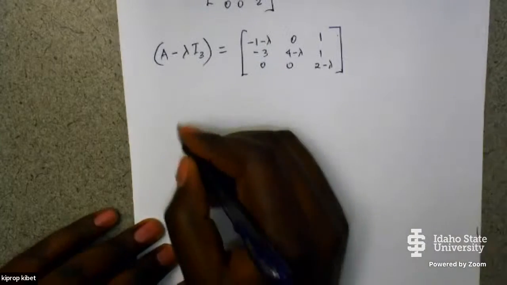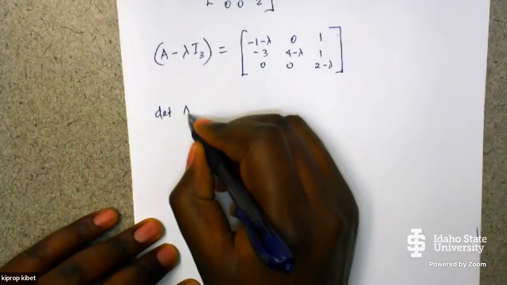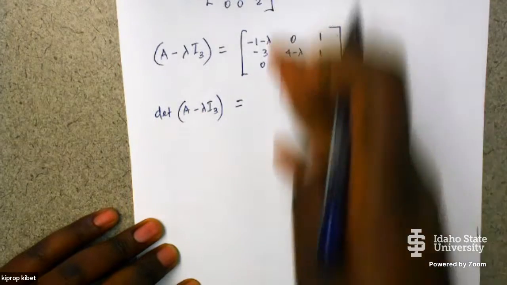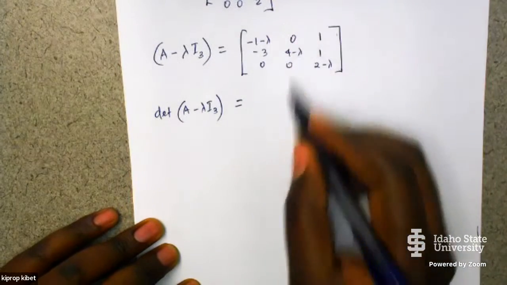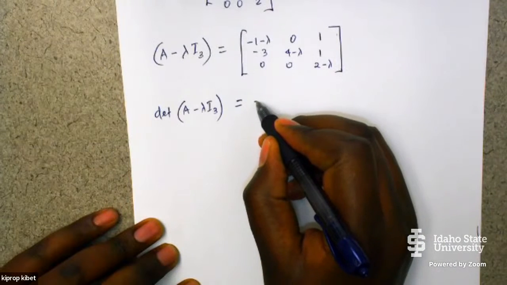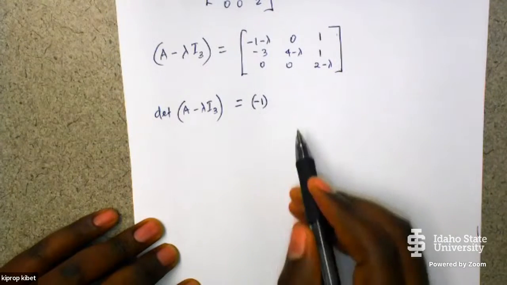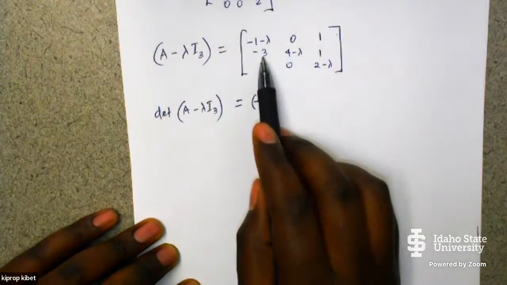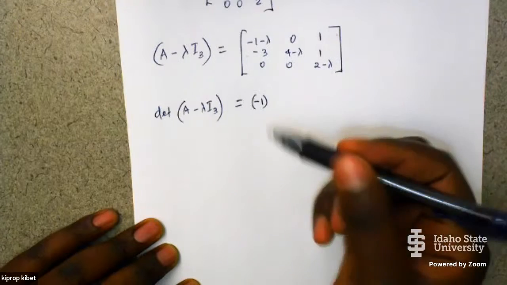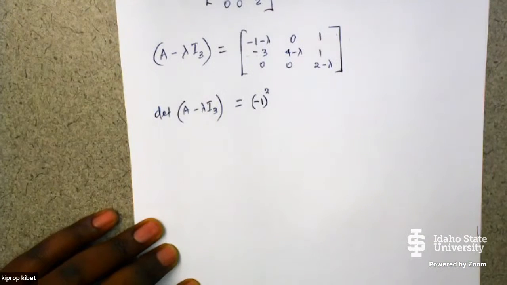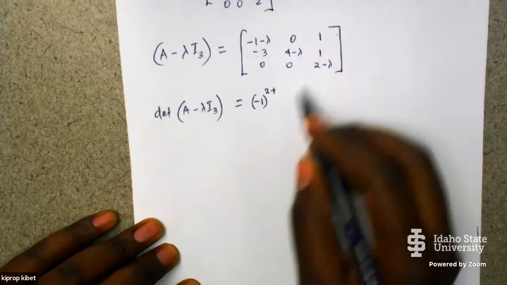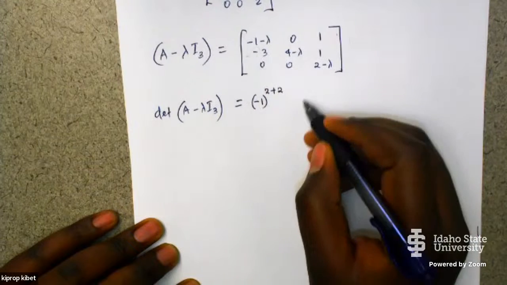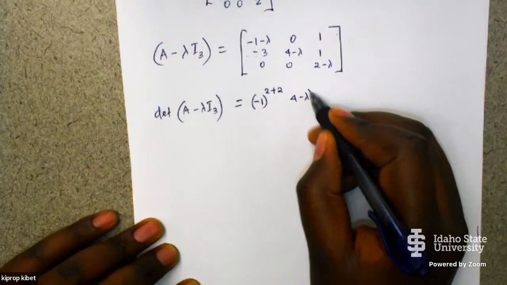Our determinant of A minus lambda I3 is now equal to, we can pick this, in this case it is -1, row number 2 plus column number 2 here, and then 4 minus lambda there.